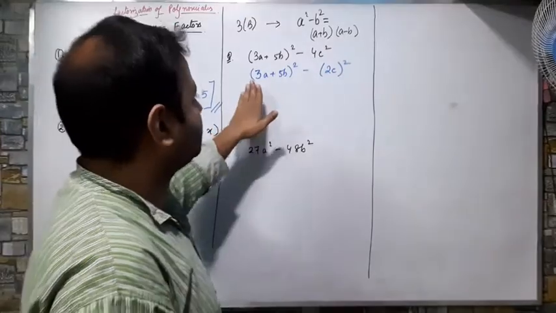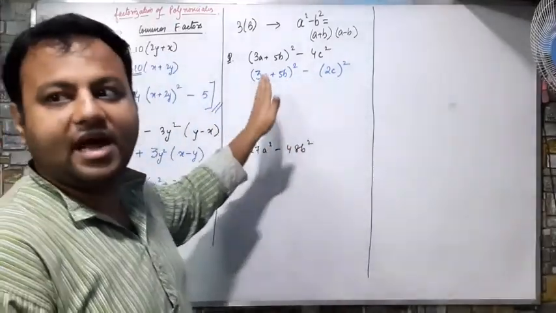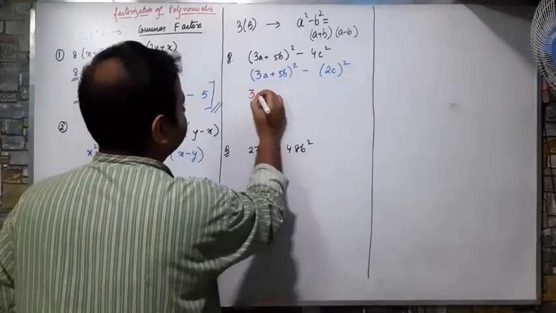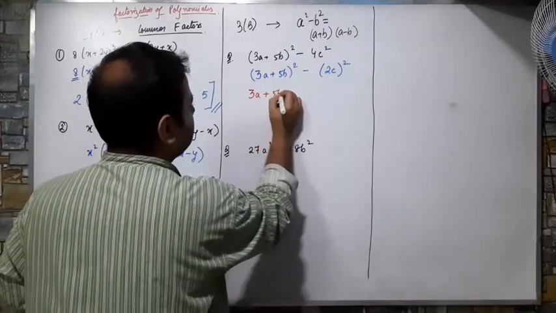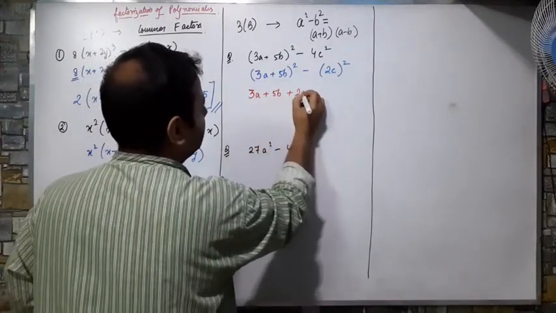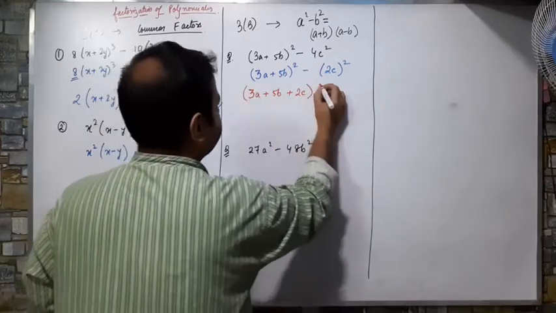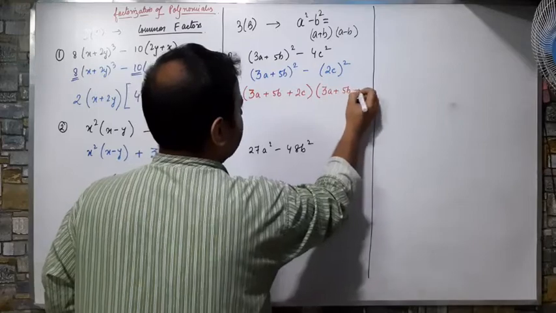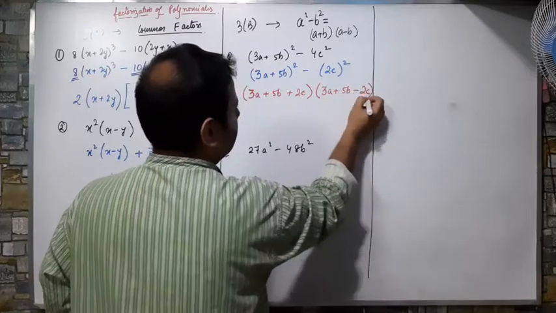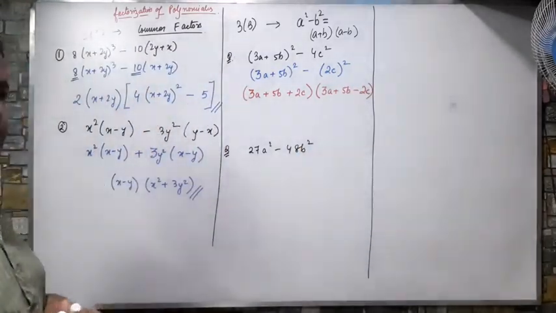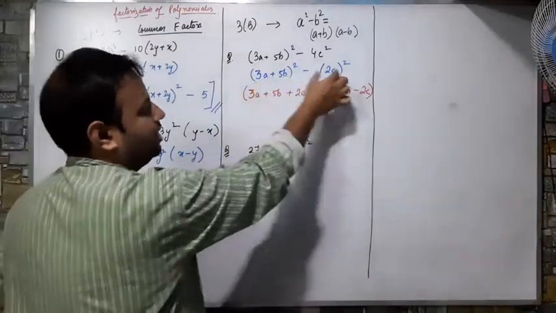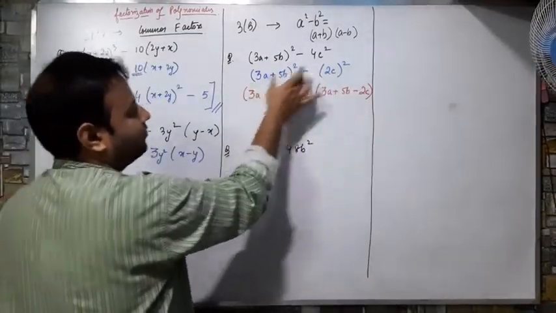So I will once write plus and once I will write minus. So what will I get? I will get (3a plus 5b plus 4c), (3a plus 5b minus 4c). Once plus, once minus, means this 3a plus 5b plus 4c, 3a plus 5b minus 4c.